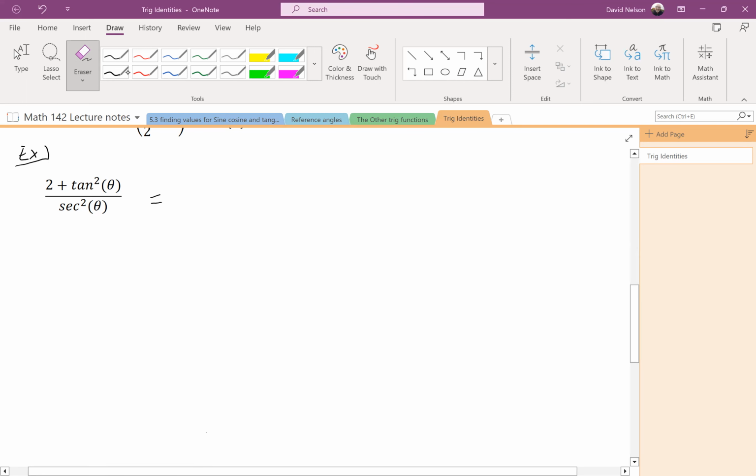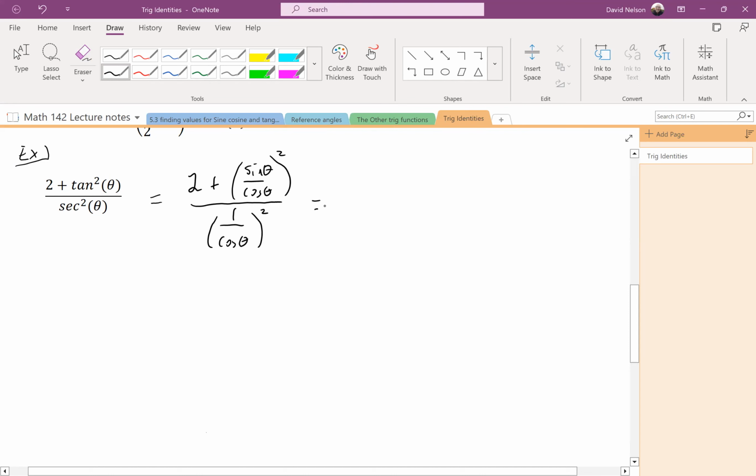So I'll have 2 here, and tangent is sine of theta divided by the cosine of theta. So for tangent squared, I'll have sine of theta over cosine theta, all squared. And then secant is 1 over cosine theta, but it's secant squared, so it's going to be 1 over cosine theta, the whole quantity squared.